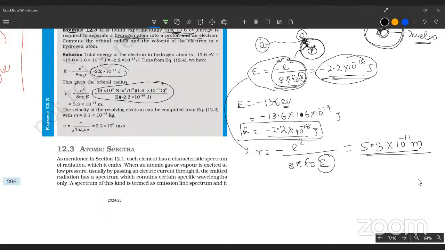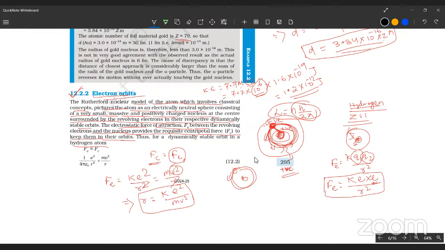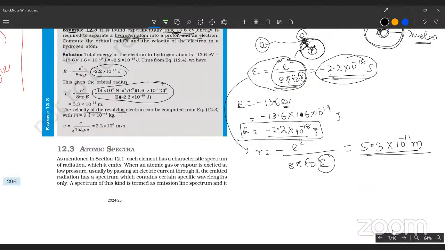Then the next part is to find the velocity of the revolving electron. So how will you find velocity? If you go back to our last experiment, we know the relation Ke square by R square equals mv square by R, that is Ke square by R equals mv square.